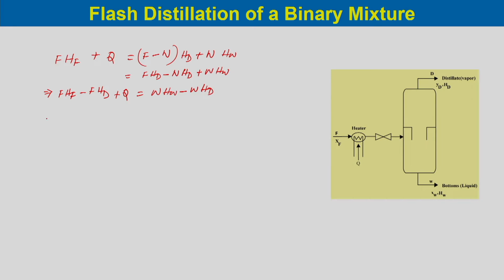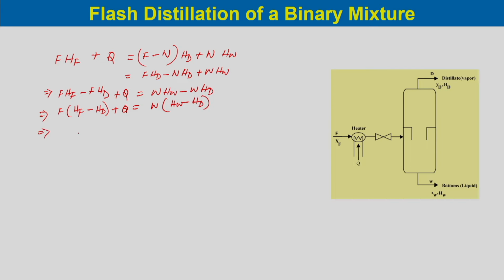From here we can write F into HF minus HD plus Q would be equal to W into HW minus HD.